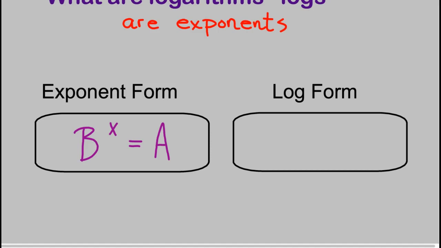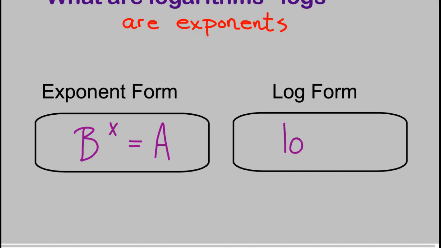So some number b to some number x, any number, is equal to a. It's a generic case. If I rewrite that in log form, it's going to look like this.